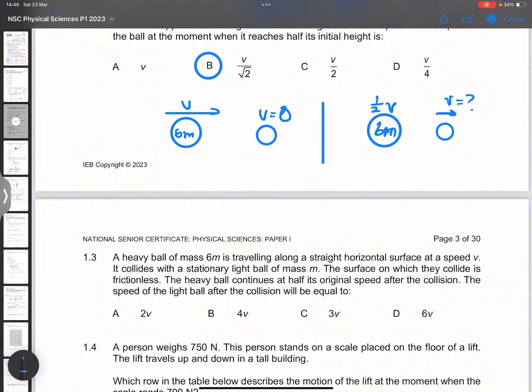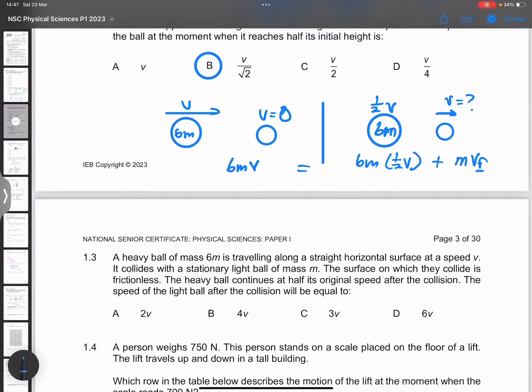So if I say momentum before is equal to momentum after, the sum of their momenta: this will be mass 6m times the velocity, which is v, is equal to, on this side, 6m times half v plus m times vf.